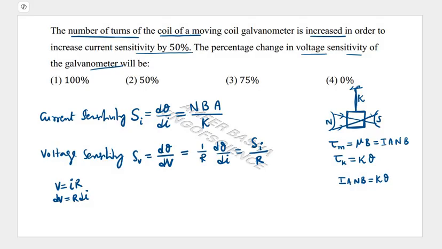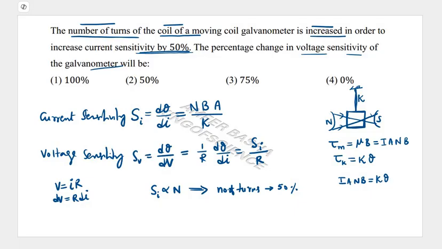Now see the question. The number of turns of the coil is increased in order to increase the sensitivity by 50%. So the number of turns will be affecting here. That means the current sensitivity is directly proportional to the number of turns of the coil. So current sensitivity is increased 50%, that means the number of turns is also increased 50%.